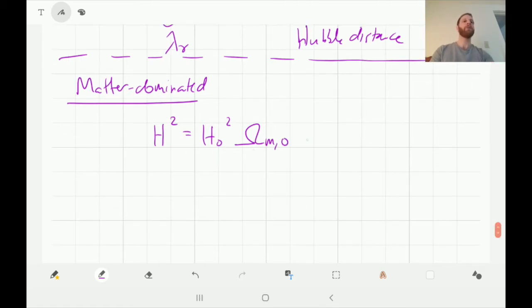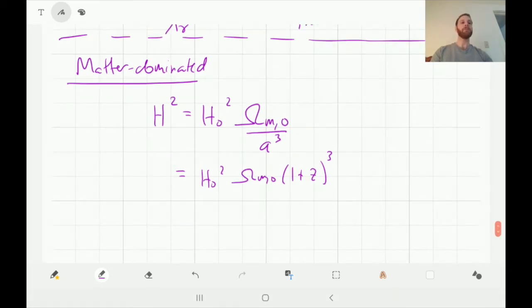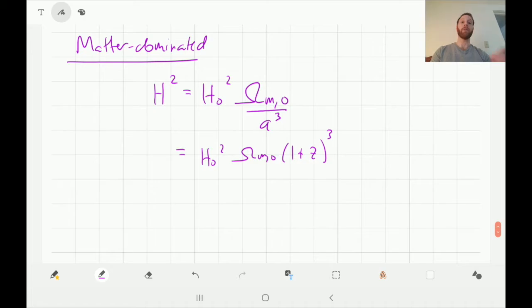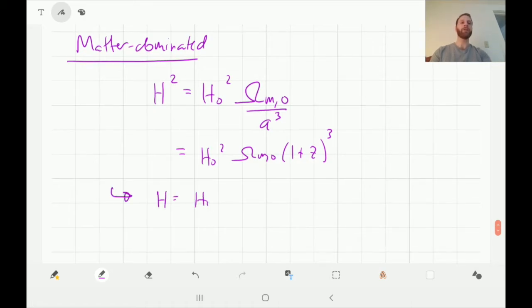And then what we could do is divide this by a cubed, but remember that's the same thing as multiplying by 1 plus z to the power of 3. So during this time, around the time when the cosmic microwave background was formed, that should be the form of the Hubble parameter. Clearly what that means is that H is given by H naught times the square root of the density parameter in matter times 1 plus z to the power of 3 halves.